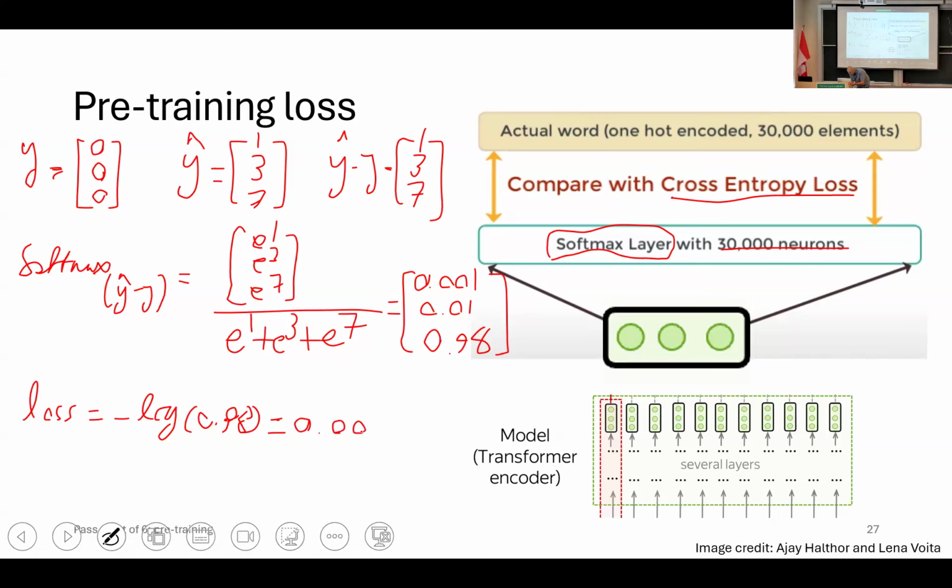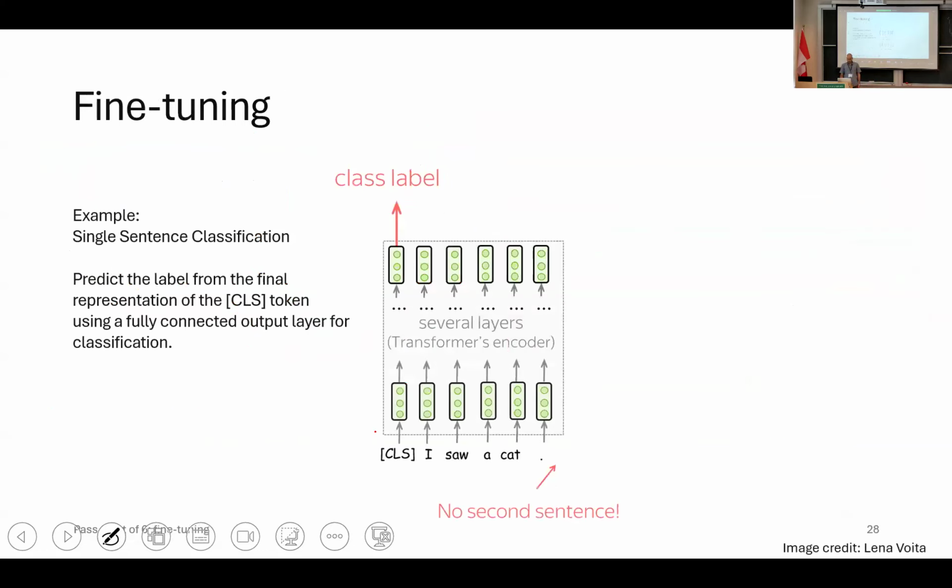I think it's something like this, but just to give you the idea, right? This is how the cross entropy loss works. A lot of fancy words, softmax, neurons, one hot encoded, but actually when you look at the mathematics, it's very simple. All right, so that was pre-training.